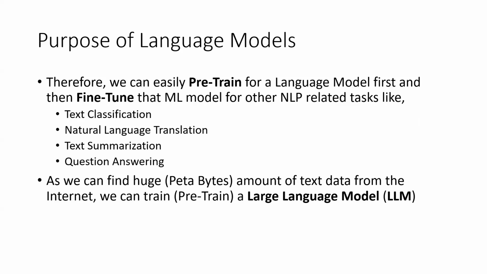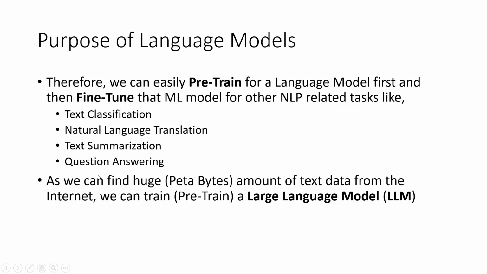Training with the language model first is known as pre-training, right? And then you can transfer this pre-trained model to your supervised dataset for whatever machine learning NLP task that you want to do, and that is known as fine-tuning the machine learning model, right? So these are some examples of fine-tuning tasks, right?